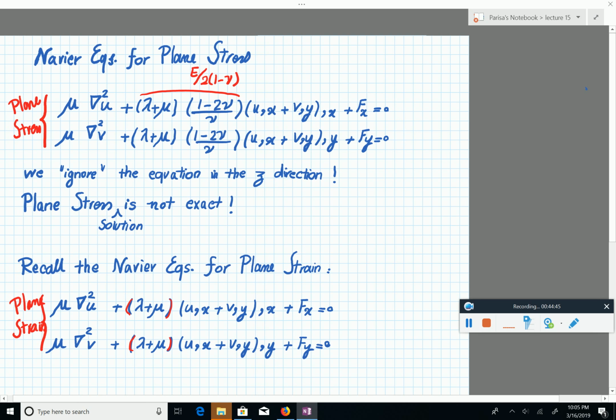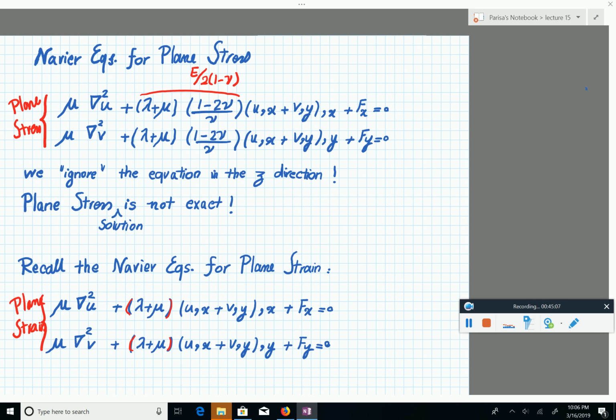So solving a problem would be exactly similar if we just switch the elastic constants when we go from plane stress formulation to plane strain, or vice versa.